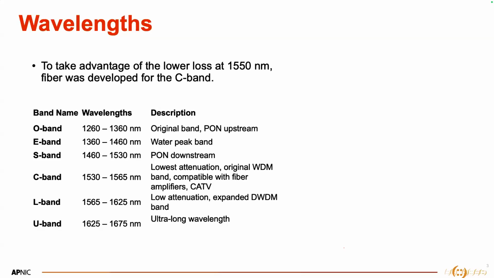Vaishnavi, you asked about the band between 1625 and 1675. If you take a look at the screen, the band for 1625 and 1675 nanometer, we call it U band, the ultra long wavelength band. In this band, the theoretical loss should be 0.3 to 0.35 dB or 0.4 dB, something like that per kilometer.